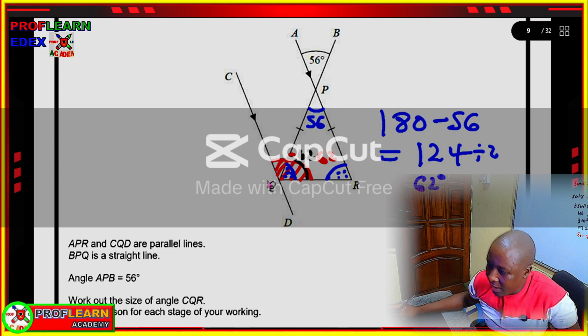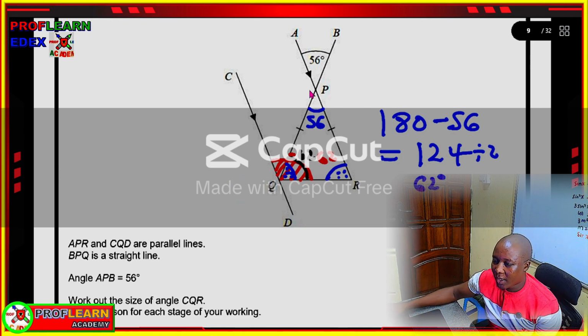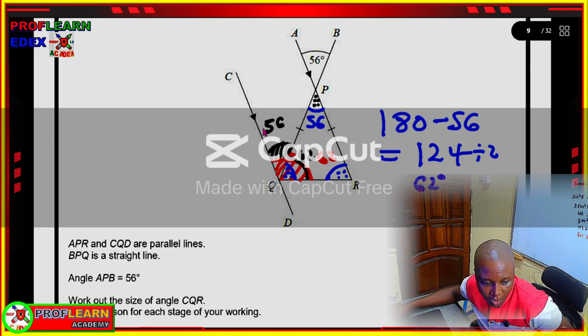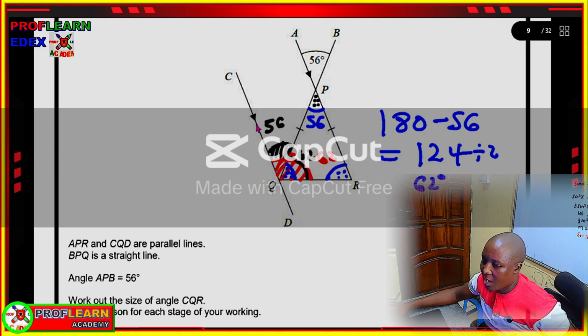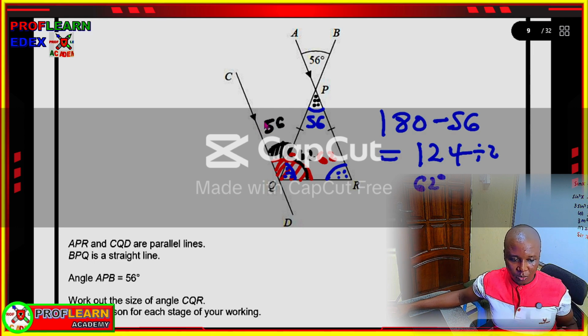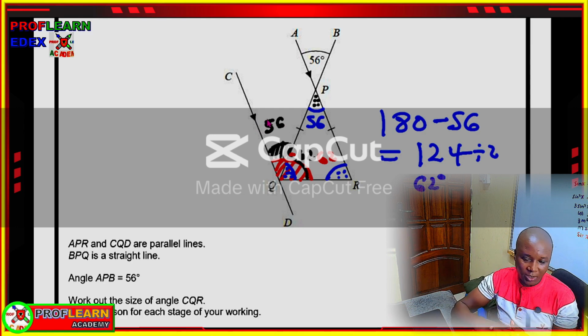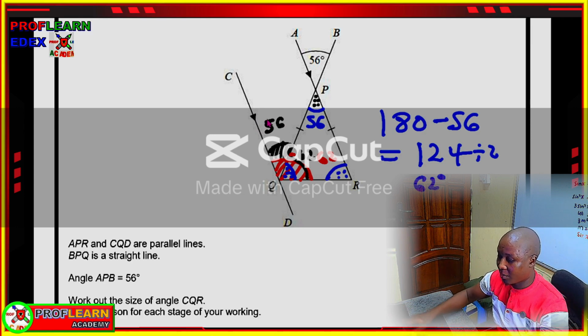So once we have gotten that, I want you to realize that this angle that we have here is vertically opposite, now alternating to this angle that we have here. So this is 56, alternate angles. We are going to say this is corresponding angles.